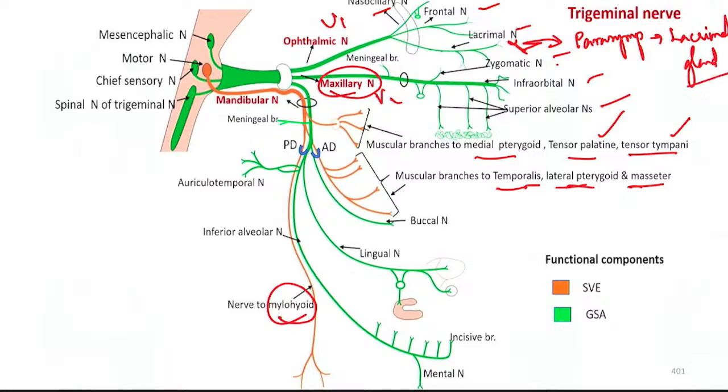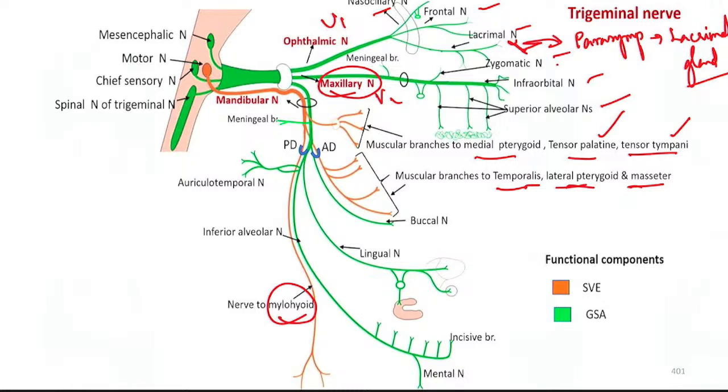That is one extra thing that is not mentioned over here. Okay, the zygomatic branch and the lacrimal branch. The zygomatic branch is a branch of V2, that is the maxillary branch, right? And the lacrimal branch is a branch of our V1, that is the ophthalmic branch.